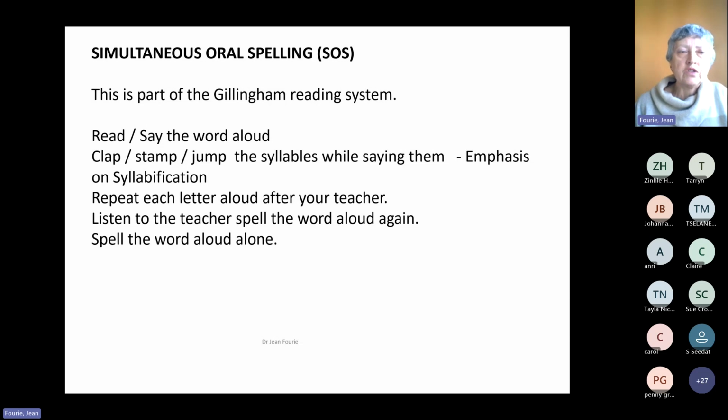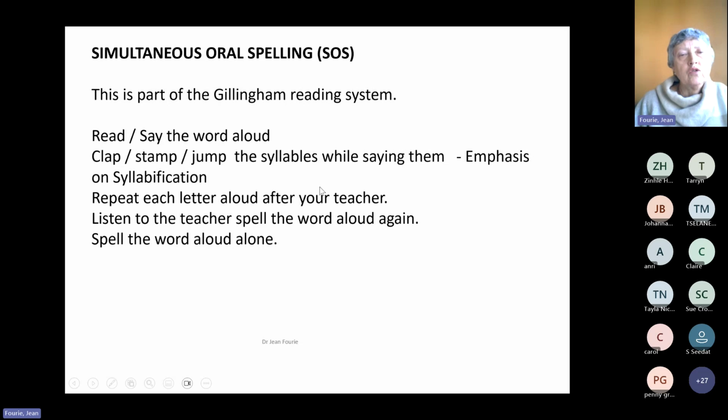You find what the syllables are, and to do that, you ask them to clap the syllables, to stamp them, to jump them with their feet, and they can also hold their hand under the chin and say ba, na, na, to find out how many times your chin moves down to give the syllables. So you're trying to make all sorts of ways of learning how the word is broken up. What are the parts of the word?